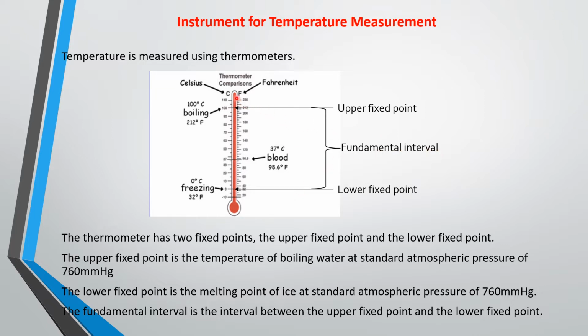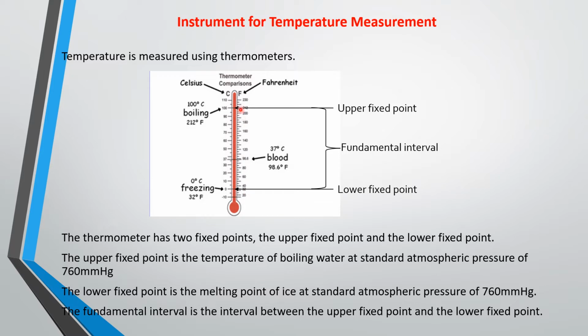In most thermometers, they can be graduated either in Fahrenheit or in degrees centigrade. Now, if your thermometer is graduated in Fahrenheit, the ice point of a Fahrenheit scale thermometer is 32 degrees, while the corresponding ice point on a centigrade thermometer is 0 degrees.